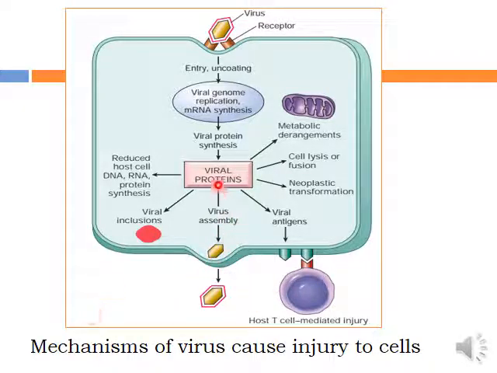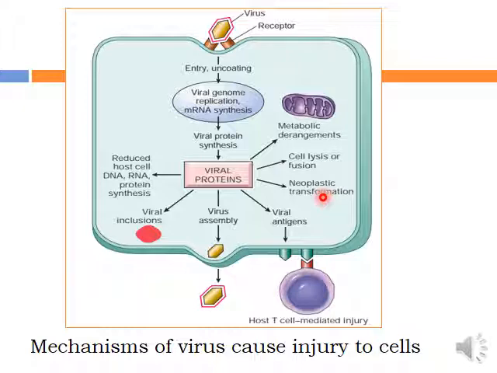Or some of the viruses express viral antigen on the surface of the cell, which induces an inflammatory reaction against the host cell that contains the virus, as in the case of hepatitis B virus. Or, as we said before, there is a neoplastic transformation of the cell, and this is seen in many viruses.